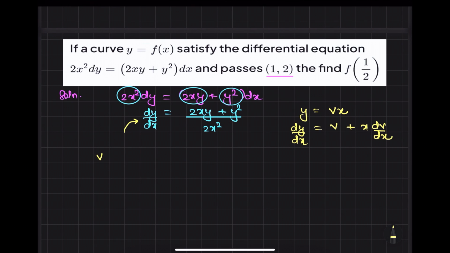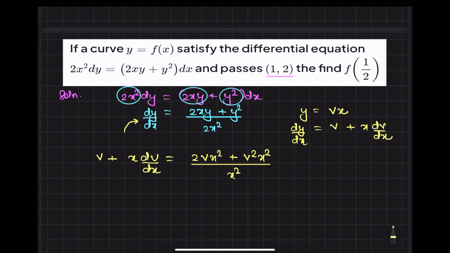So we will have v plus x dv by dx is equal to 2 times, in place of y we have to write vx. So vx times x square, that is vx square plus v square x square, and then we have x square.